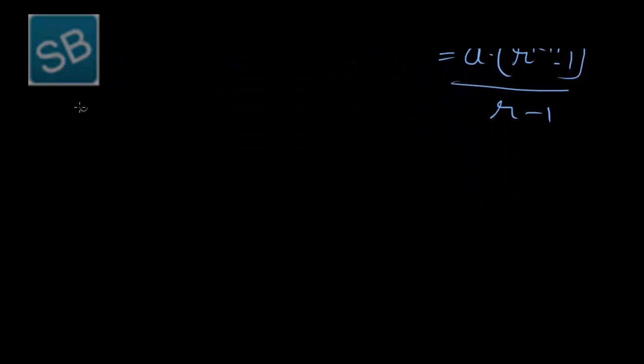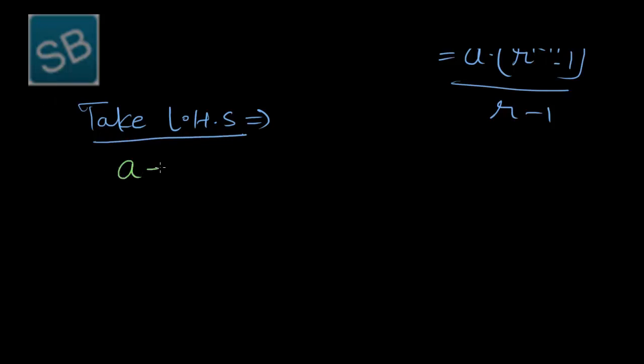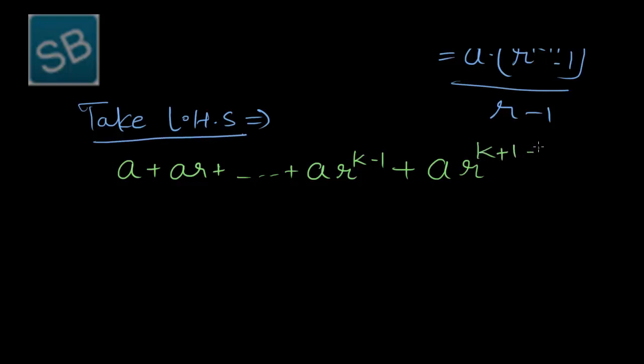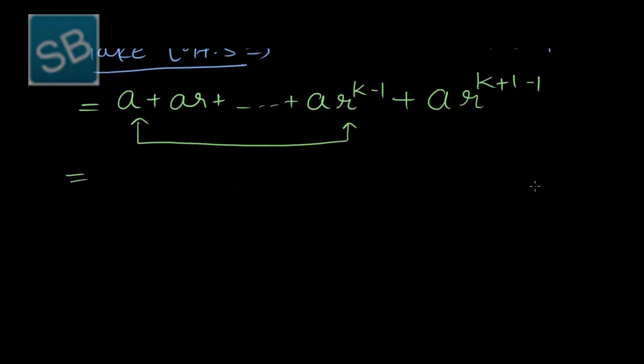So proving this result, we will take left hand side. That is a plus a into r plus so on a into r raised to power k minus 1 plus a into r raised to power k plus 1 minus 1. So from this we can see that up to k terms, we will replace the result by using step 2.